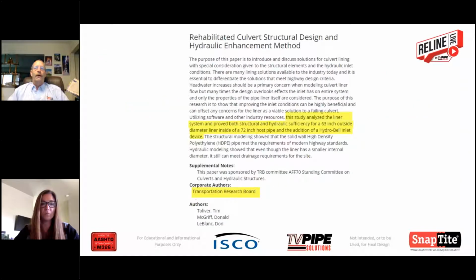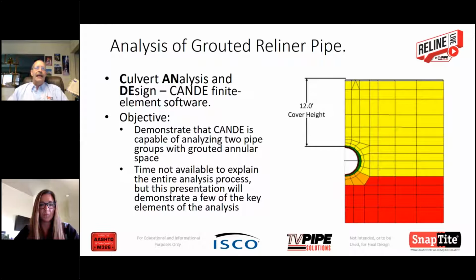And what we're doing is we're analyzing a 63-inch liner pipe that's put inside a 72-inch host. And we're using CANDE as the evaluation method and also LRFD for a double check. And this is a very robust finite element analysis program. This isn't something that you download from the Apple Store.